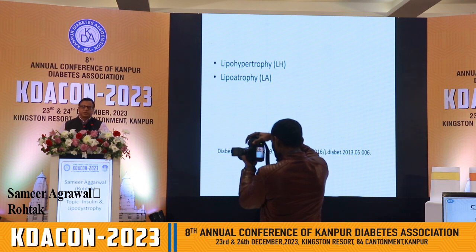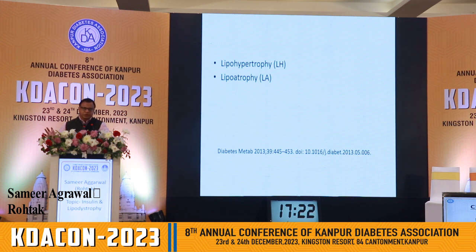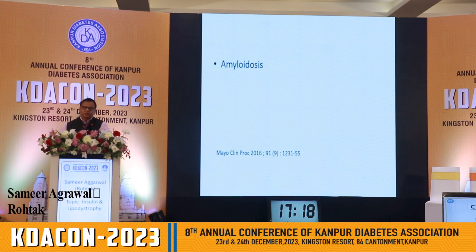I was going through the literature and Mayo Clinic Proceedings. They also suggest that rarely you can encounter another form of lipodystrophy. Lipohypertrophy is definitely the commonest one, but another rare one is amyloidosis. This is sometimes also called insulin balls.